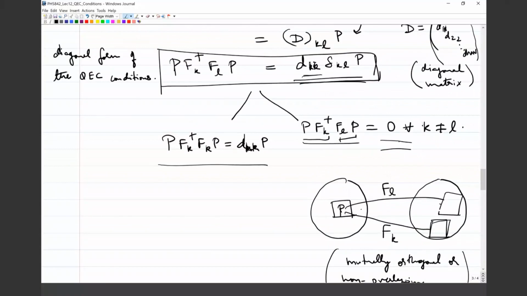Now, what about the action of the same error operator on the code space? What is this overlap telling us? This is actually telling us how we can do the recovery fully. Not only do you need different error operators to map you to non-overlapping parts, you also want the action of each error operator on the code space to be reversible in some way.